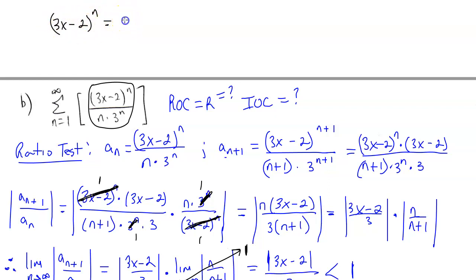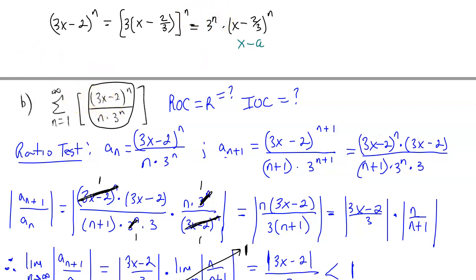If I did that, then I would have 3 times (x minus 2/3), and all of that would be raised to the n, which means I would have 3 raised to the n times (x minus 2/3) raised to the n. And notice that this portion here meets the x minus a criteria that we have for a power series. And of course, this 3 raised to the n part is just another piece that works out here.